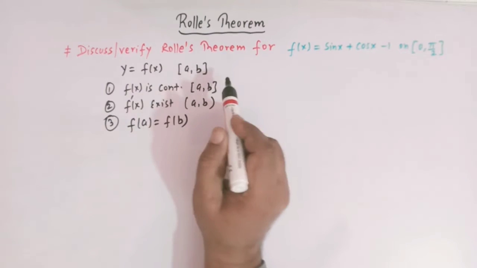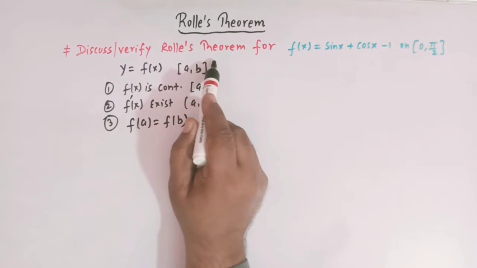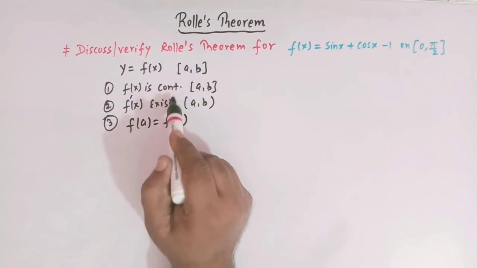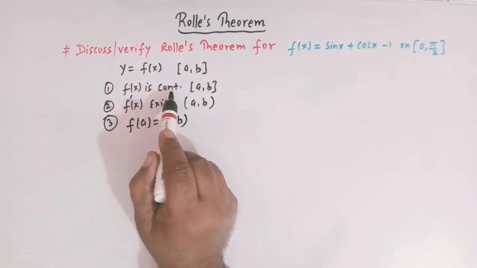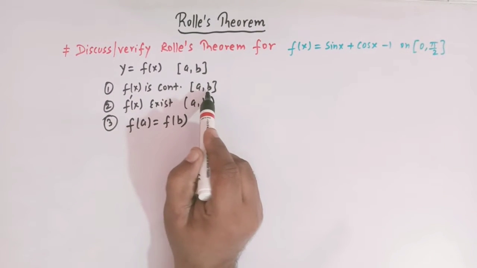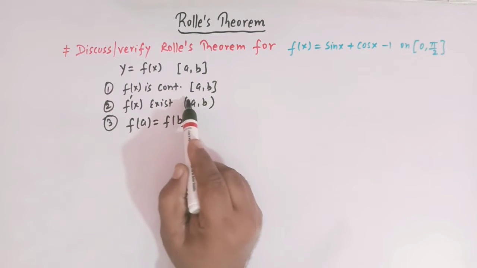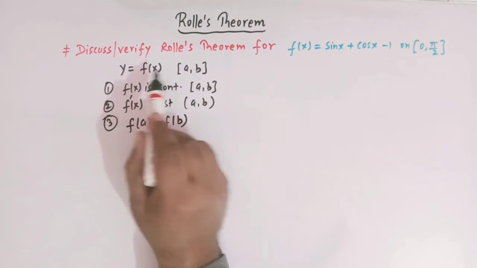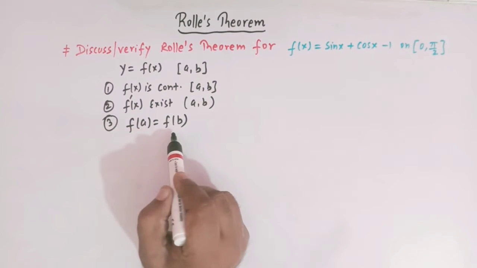So Rolle's theorem says that if we have a function y is equal to f of x defined in this interval, and f of x satisfies these three conditions, the first one is that f of x should be continuous in this closed interval a comma b. The derivative of f of x must exist in this open interval a comma b, and the value of the function at these two endpoints of this interval are equal.